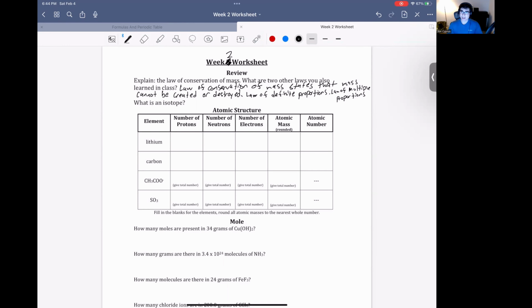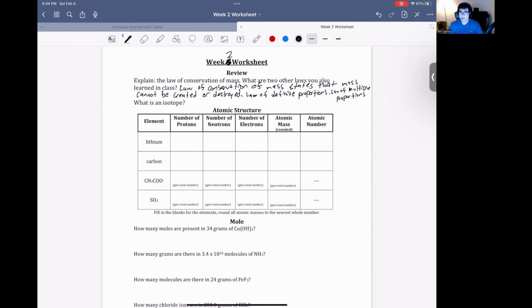So carbon monoxide to CO2, it's a 2-to-1 ratio of oxygen from carbon dioxide to carbon monoxide. There's twice as many oxygens in carbon dioxide as there are in carbon monoxide. You're not going to have 1.5 oxygens. You're not going to have 3.2 more oxygens in one. It has to be whole integer ratios. So that is it for those laws.